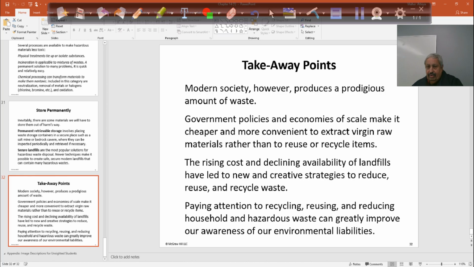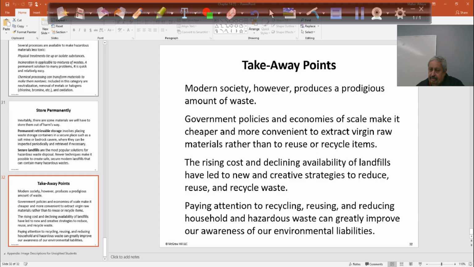What we can take away from this is a summary of the chapter. Modern society produces a huge amount of waste. The regulations and rules made by the local and federal government can really regulate and control the outcome of this solid waste, correct?